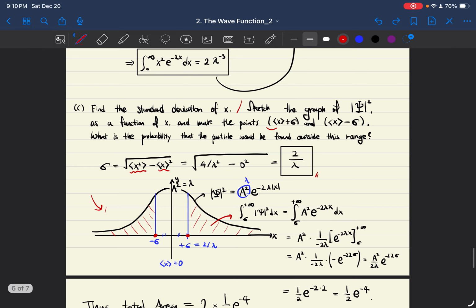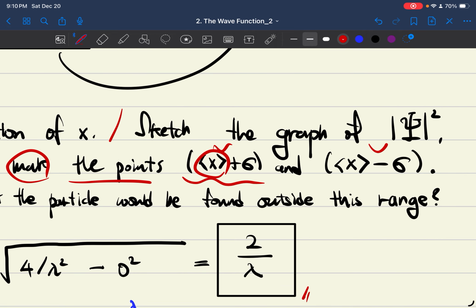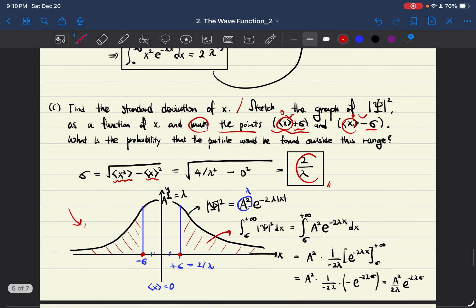And the next question was to mark the points here, but the expectation value of x was 0, so you just have to mark the plus sigma and minus sigma points, and we found sigma as 2 over lambda. Just point it.